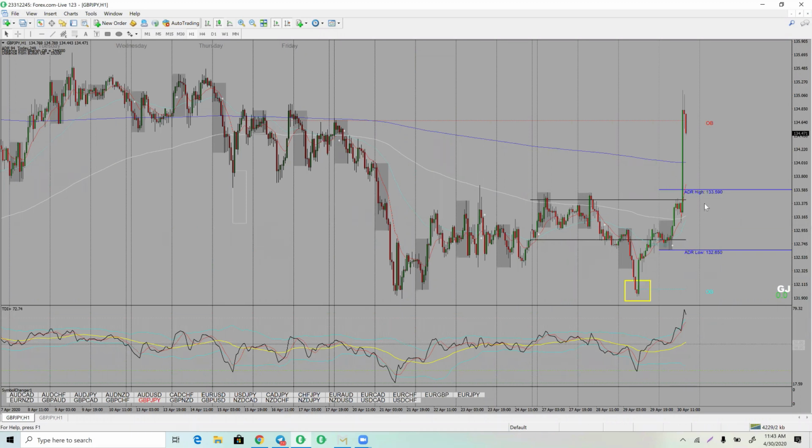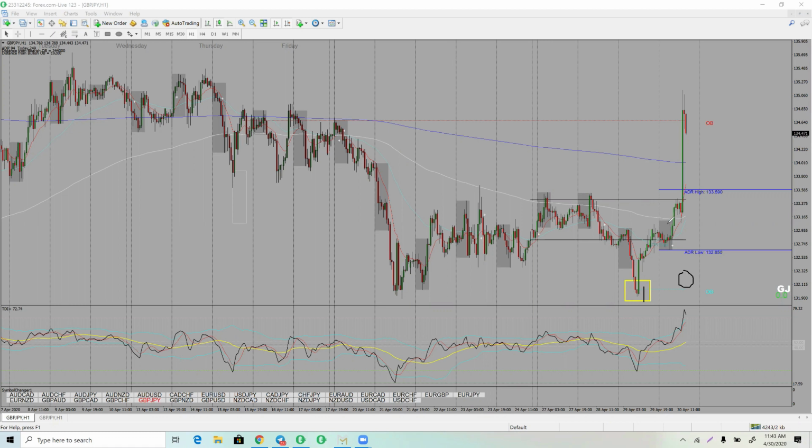Now, of course, we start our countdown. Current day is 0 and 1. As you can see, it was a peak formation low 1, and this happened yesterday at 7 p.m. CST.